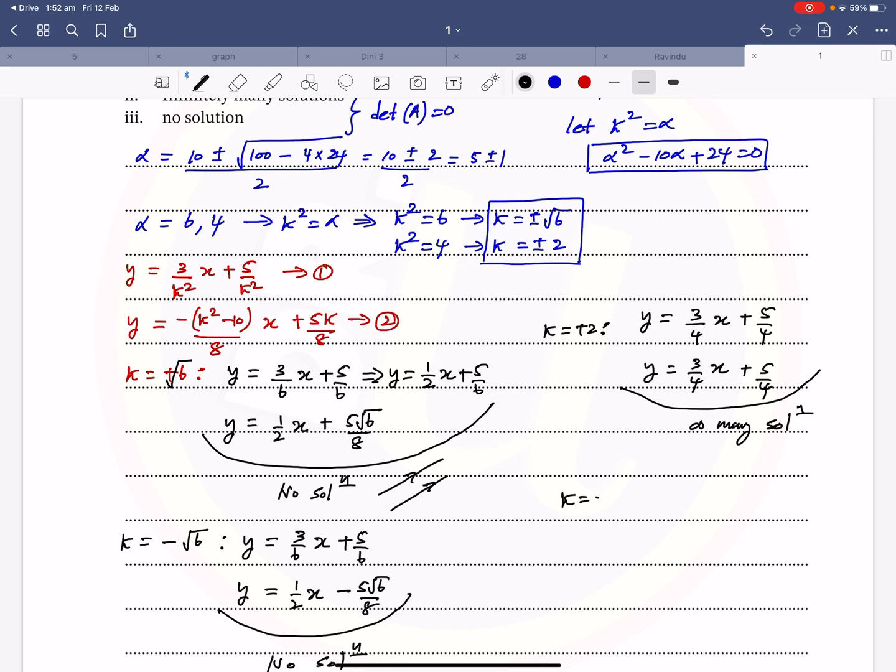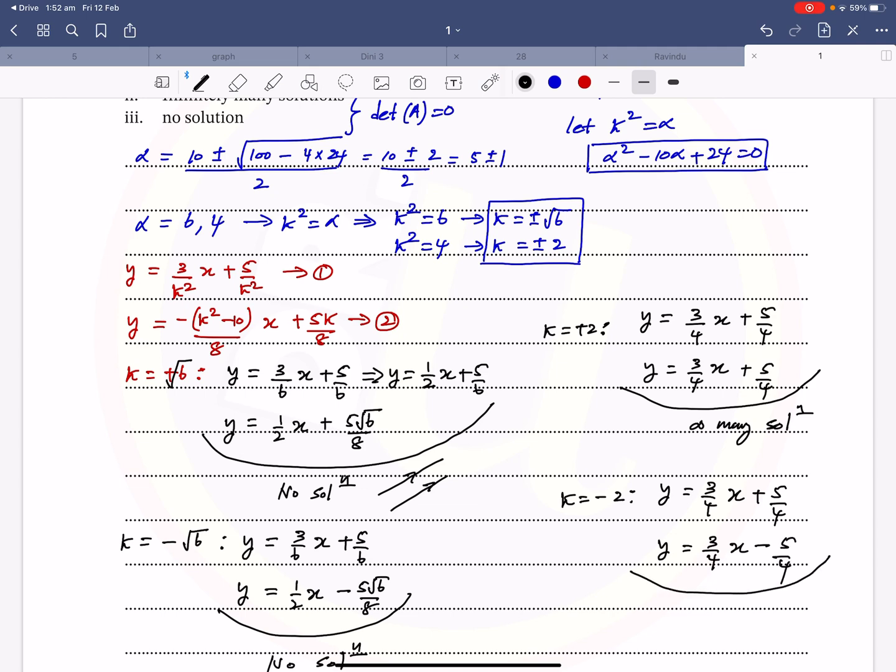And then k is equal to minus 2. You get y is equal to 3 divided by 4 x plus 5 divided by 4. The second one would be y is equal to 3 divided by 4 x minus 5 divided by 4.